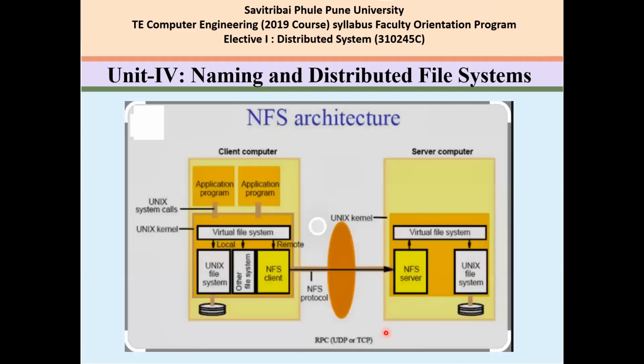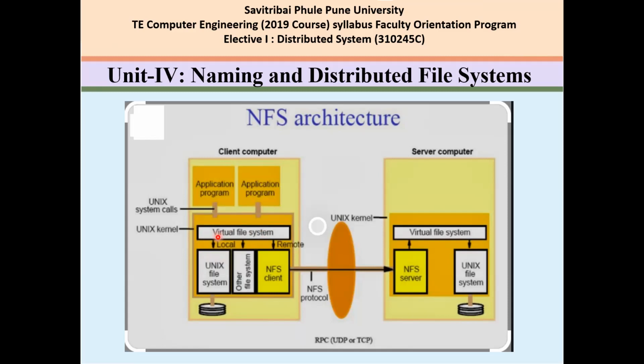Now talking about the virtual file system or the NFS architecture, again, we have a client computer and a server computer, but there is a slight difference because we are not studying the main structure of NFS, but focusing on the virtual file system. Here you can see application programs, and these are the Unix system calls between the application programs and the kernel. In this Unix kernel, we have the virtual file system.